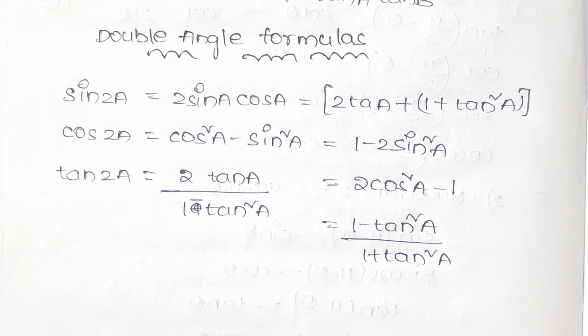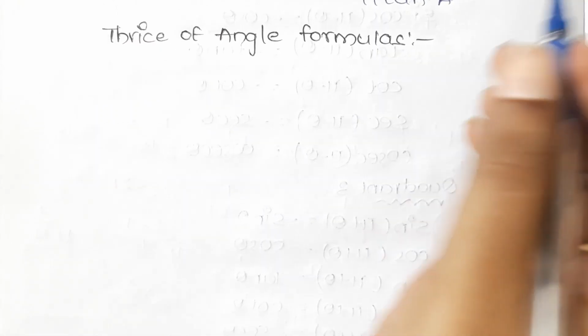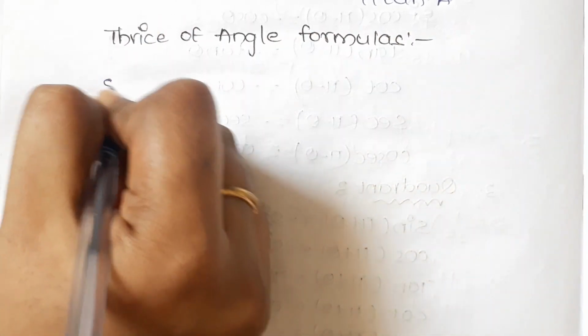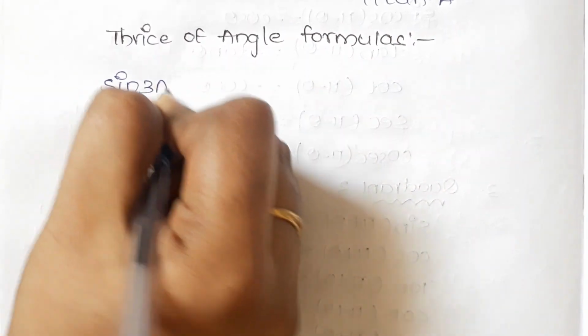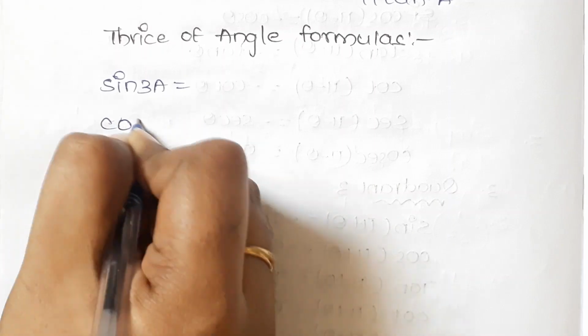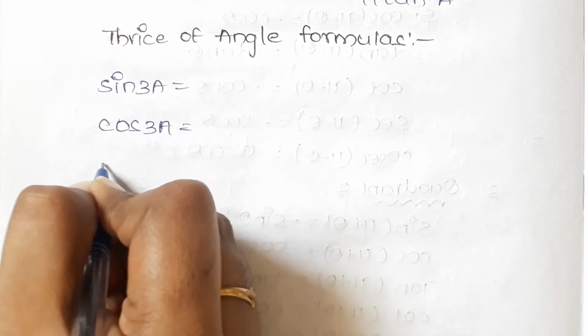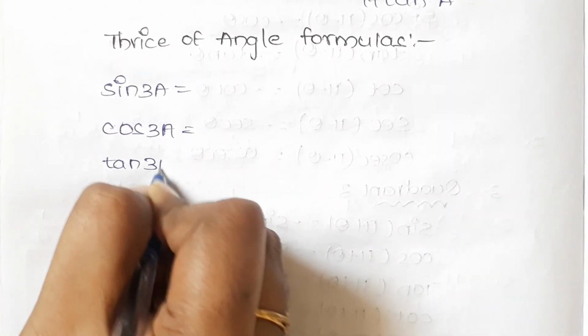And now let us see the thrice angle formulas. Here the thrice angle formulas are sin 3a, cos 3a and tan 3a.